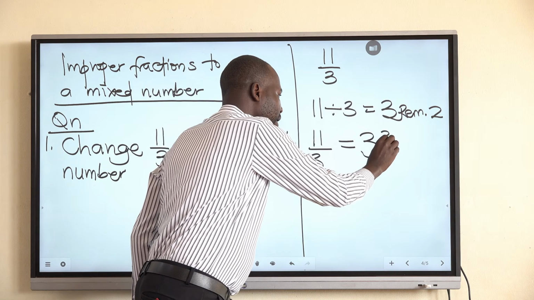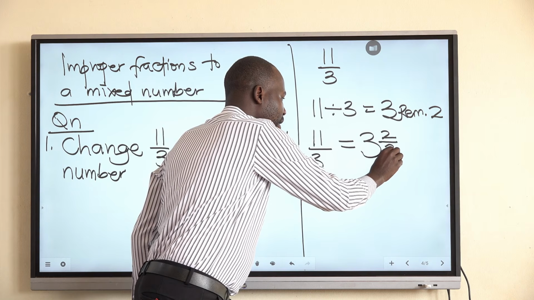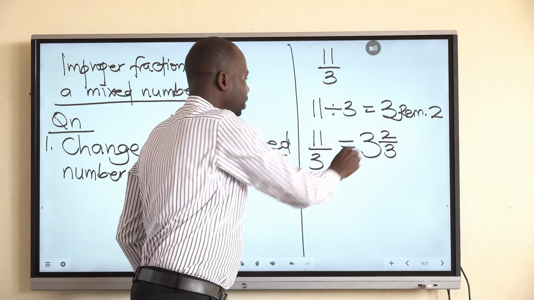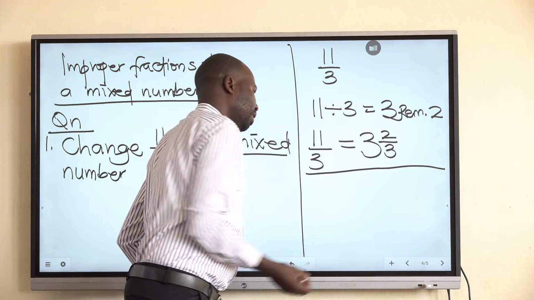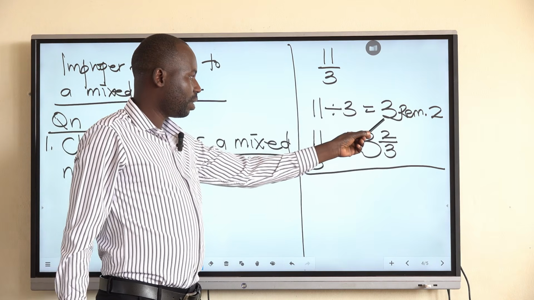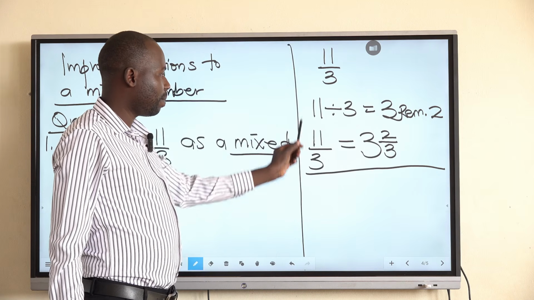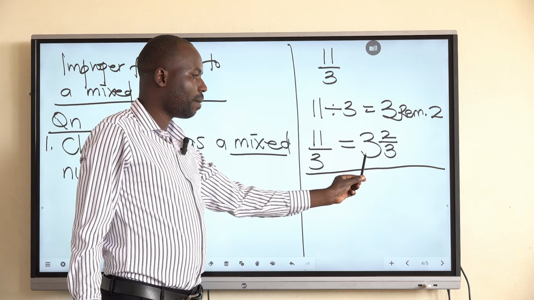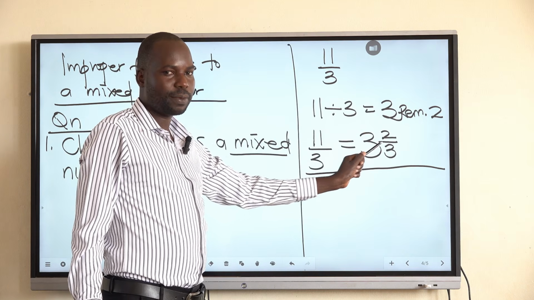Then the remainder is put up, divided by the number you have divided with, which was 3. And this is already your answer. 11 divided by 3, you get 3, remainder 2. So that one can be written as a mixed number as 3 whole number and 2 out of 3. I hope that is clear.